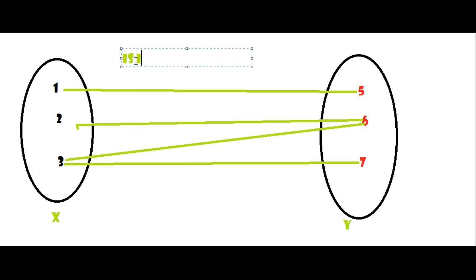We know that a function is a set of ordered pairs where each element of x is associated with only one element of y. Now 1 is associated with 5, this supports a function's condition. 2 is associated with 6, this also supports the characteristics of a function.